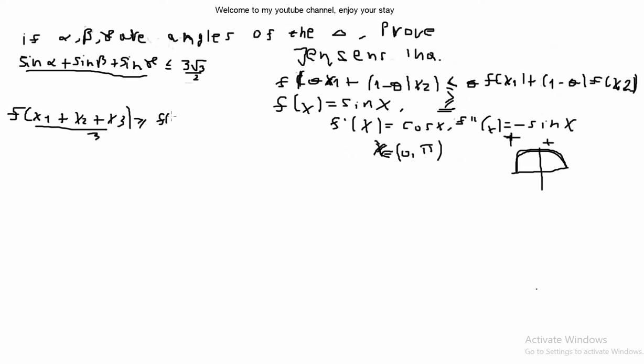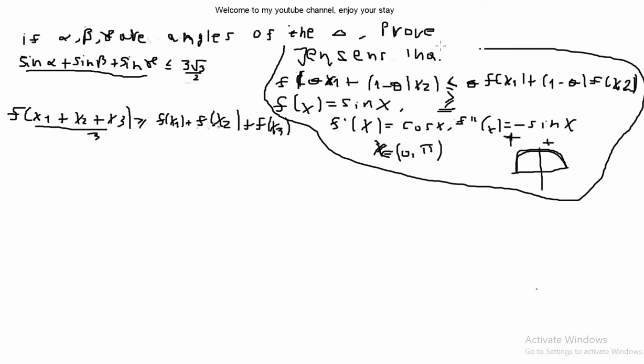What do you think? f of x1 plus f of x2 plus f of x3, over 3. Let me take this out, this is what we used and we don't need it anymore. This is greater than the sum of the functions over 3.